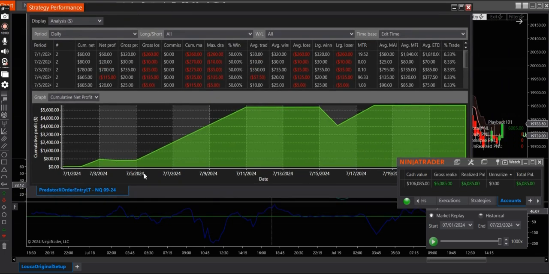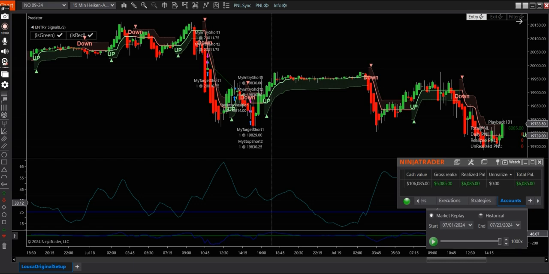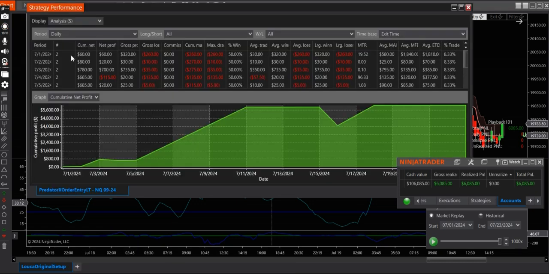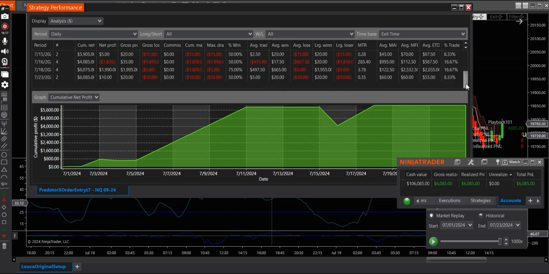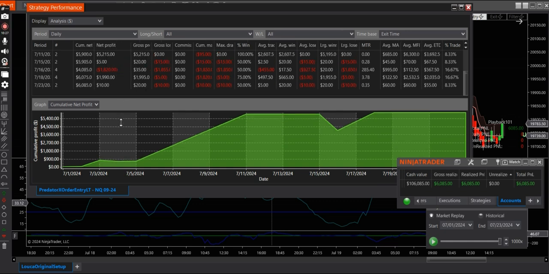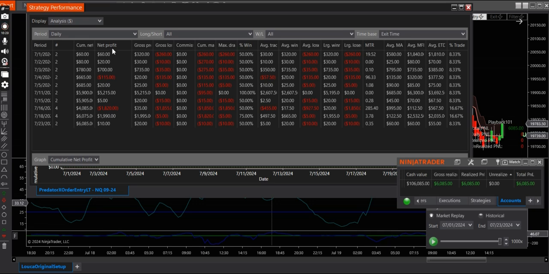Let me extend this a little. Oops, sorry. If I scroll down, you can see all the trades taken. Of course, this is from July 1st to July 23rd, right? And this is the big loss here. Here is my net profit.